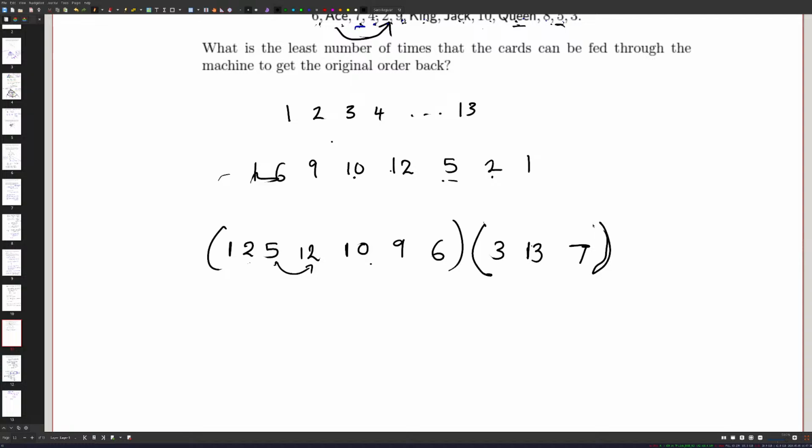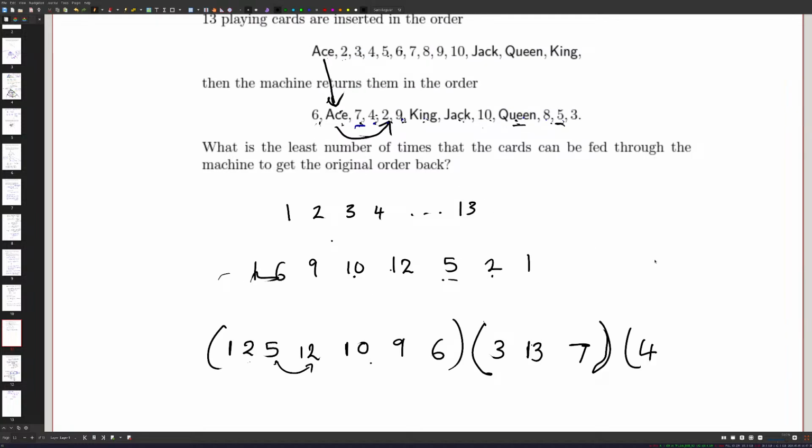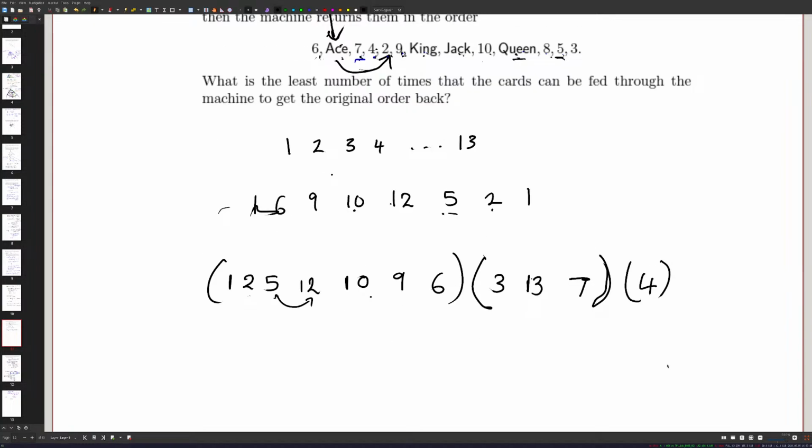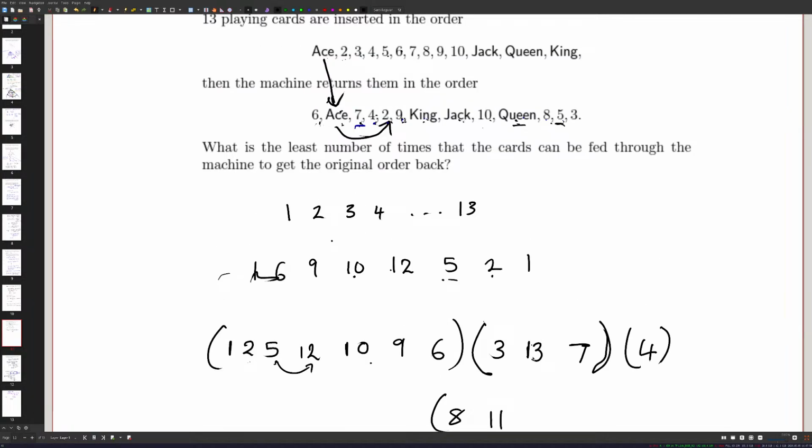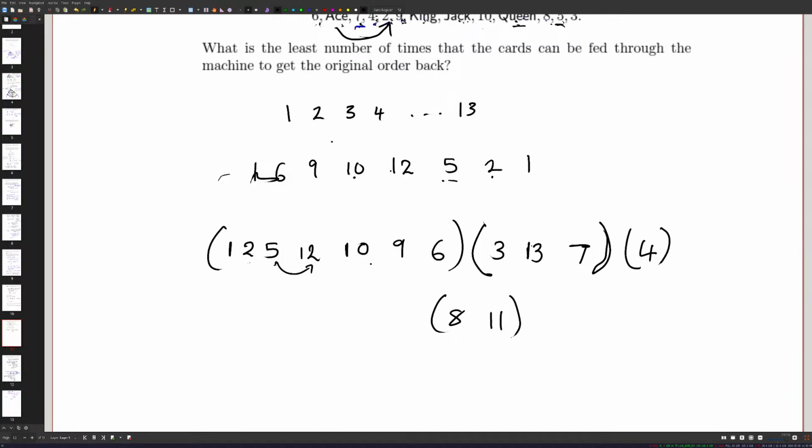And then this still isn't all the numbers. We know what happens to 1, 2, 3, so we need to look at what happens to 4. The card that was in position 4 stays in position 4. Then 8 is the other one we have to deal with. The card that was in position 8 goes to position 11. And the card that was in position 11 goes to position 8.